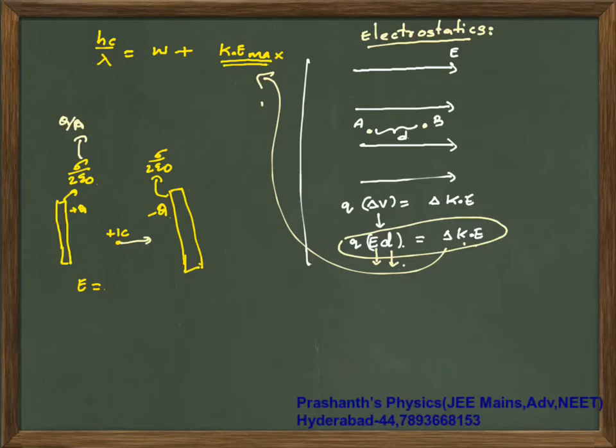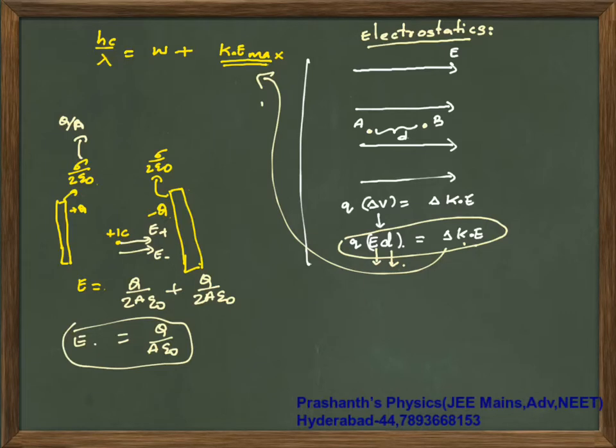Because of the positive charge it is away, and because of the negative charge it is also towards right only. So q by 2a epsilon naught plus q by 2a epsilon naught is equal to q by a epsilon naught, which is your electric field. Like this you can bring this back into the equation and substitute it.